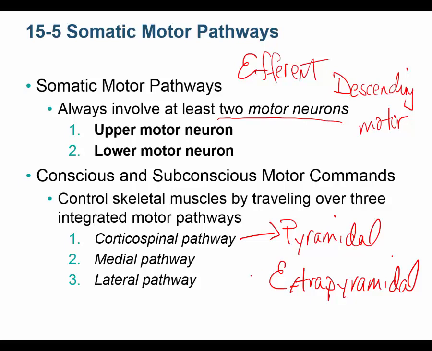Now, having said that, some of the pathways in the cortical spinal pathway are at a subconscious level. I'm not going to pretend that they're all this conscious muscle contraction level. They're not. But these cortical spinal pyramidal pathways are, typically speaking, these voluntary conscious pathways.